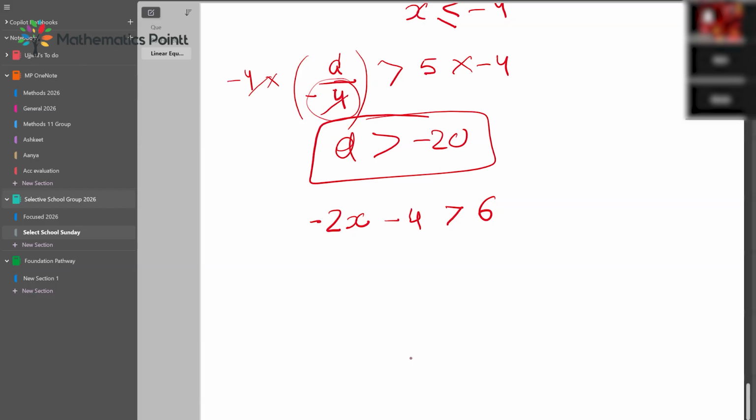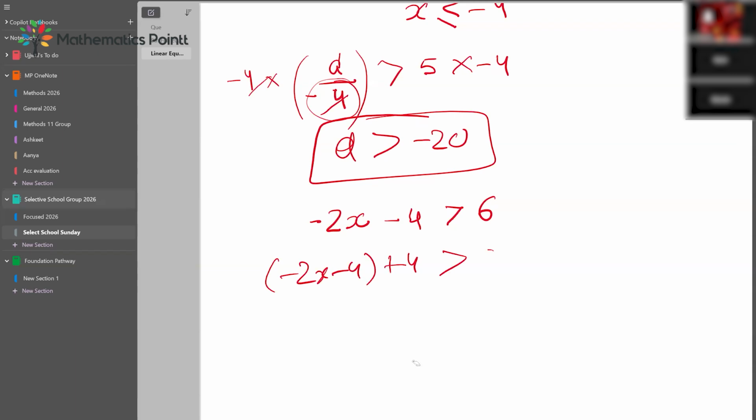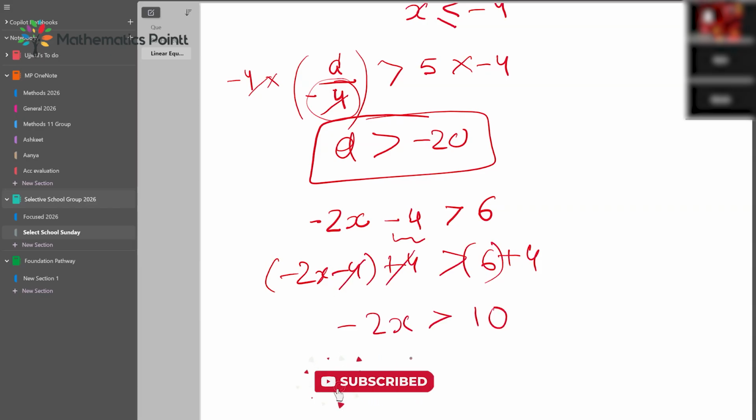It is not multiplication or division. So I will say negative 2x, take away, and positive. I did not change the sign here simply because this negative is subtraction. So I open the brackets up, this is gone. That's what I'm left with.